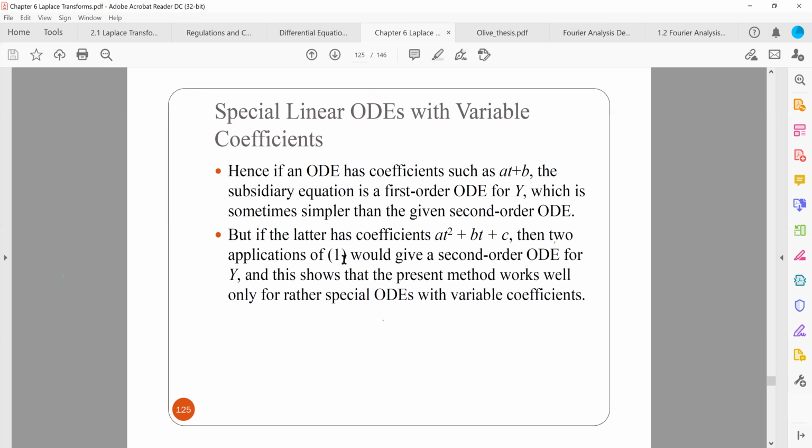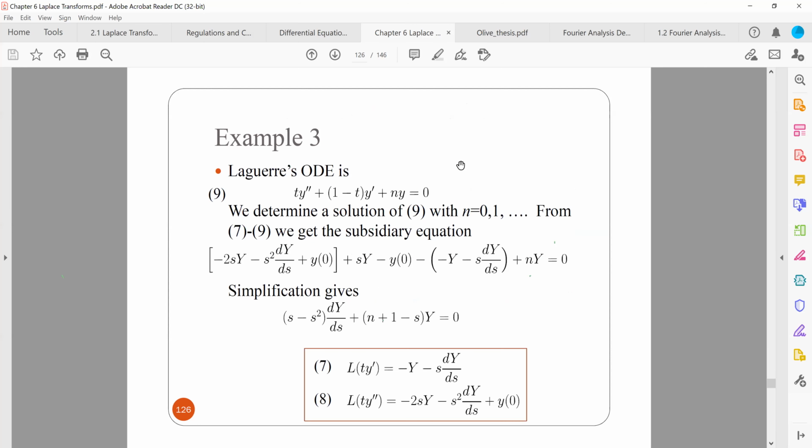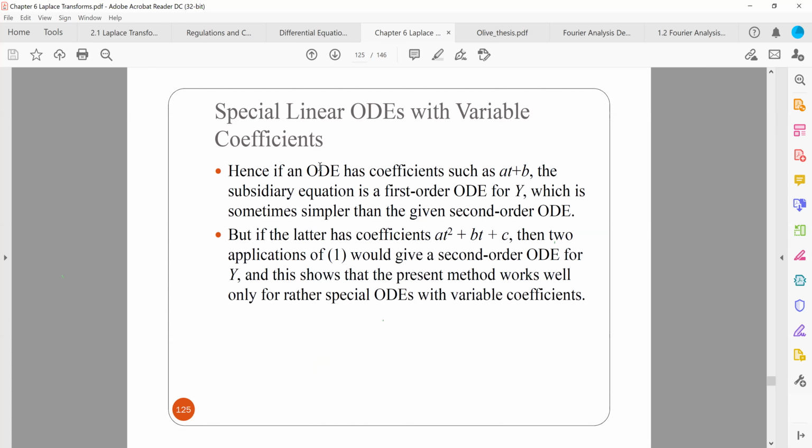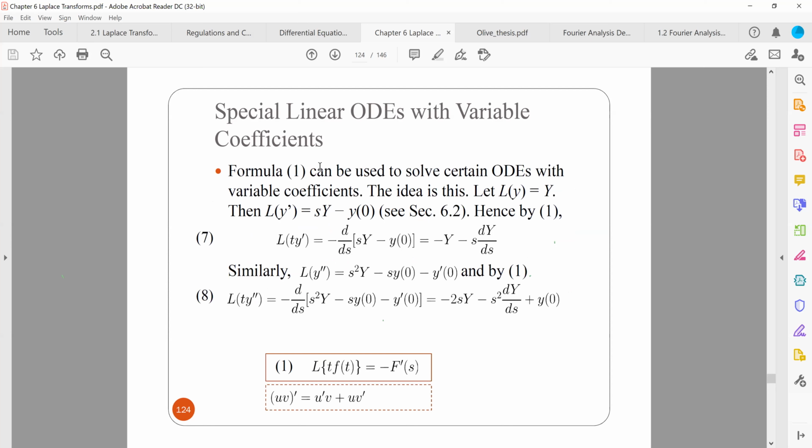What I wanted you to note is that for equations of this form, we can try to simplify them by applying this formula.